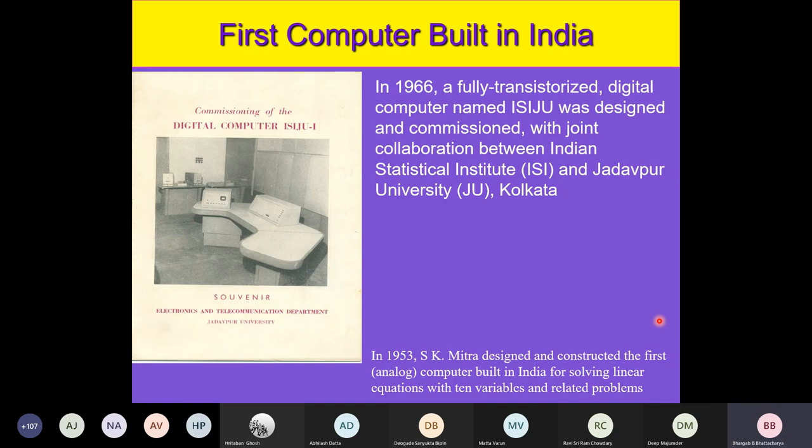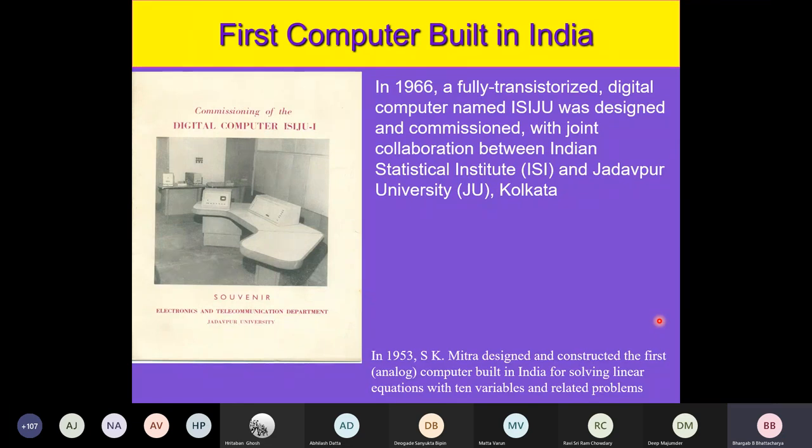It's an electrical circuit which can immediately solve an integration or differentiation. It's not digital, it's purely based on analog circuits. Nowadays, analog computers are in the offing again because the speed of analog computers is fantastic. Imagine that in 1953, more than 70 years ago, this gentleman constructed the first analog computer built in India.